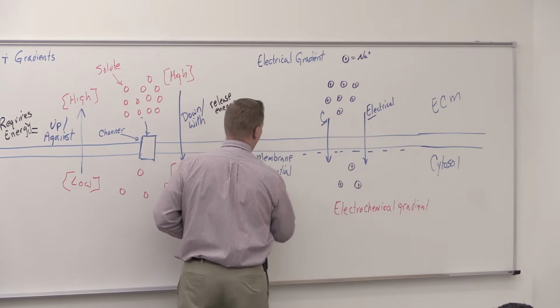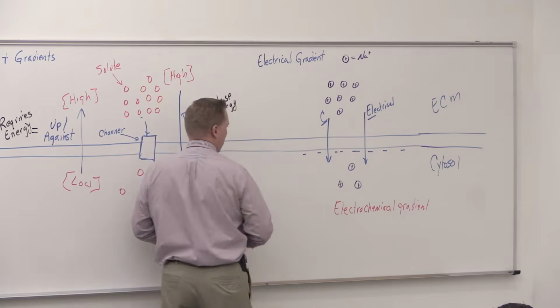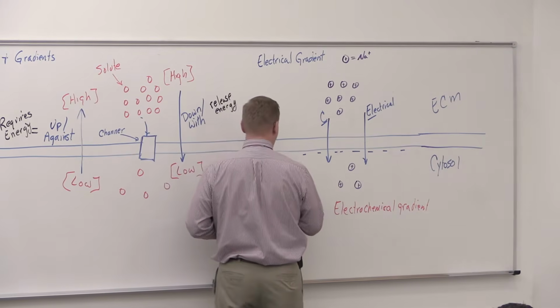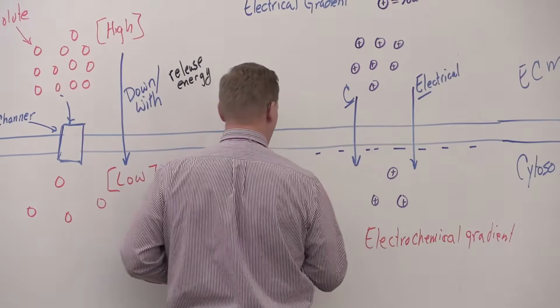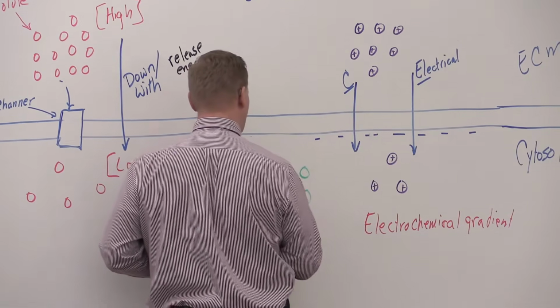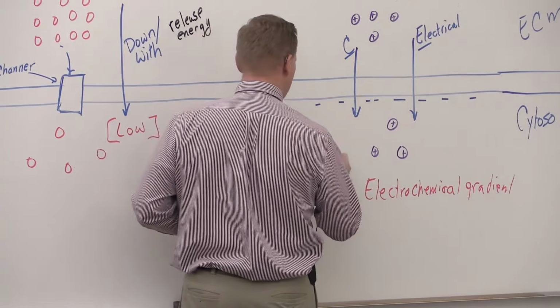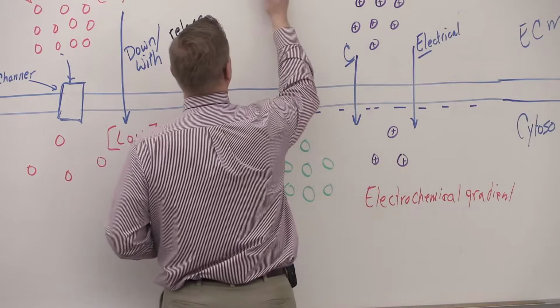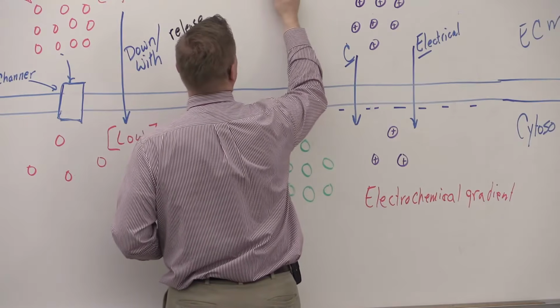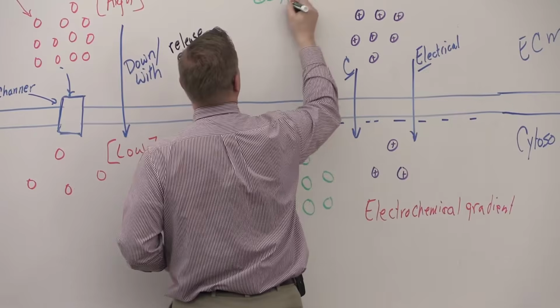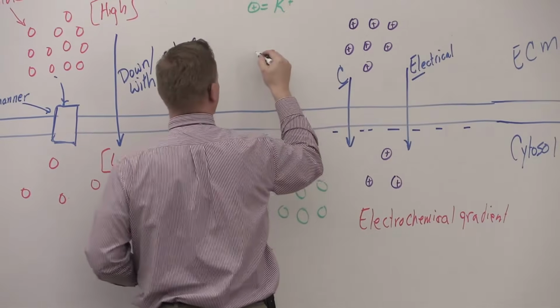We can have another ion. So let's draw another common ion inside the cell, potassium. And potassium is also positively charged, so we'll make this green circle equal to potassium.